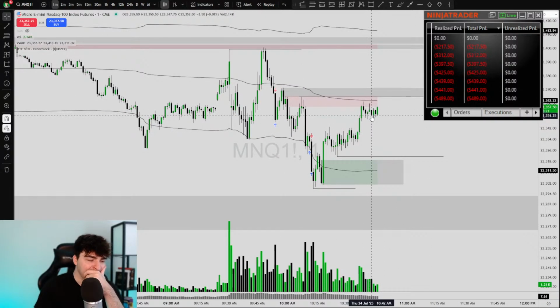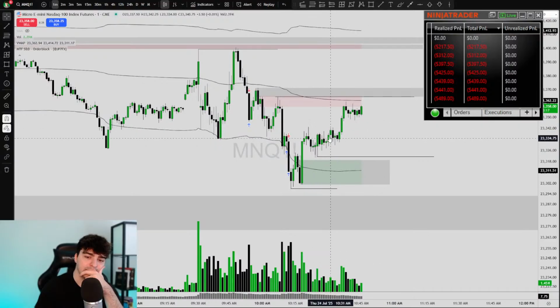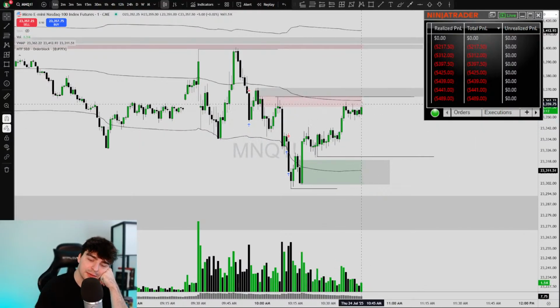Look at this freaking barcode, man. Look at that chop. Every day we're seeing this. It's so boring.